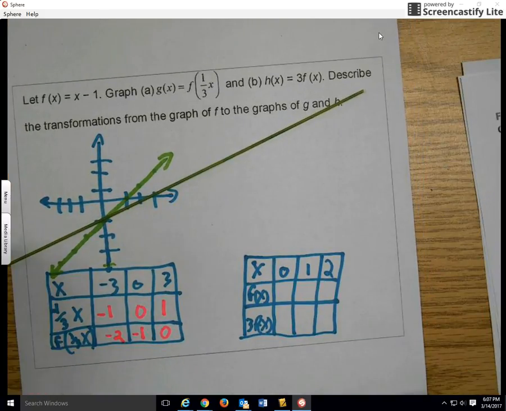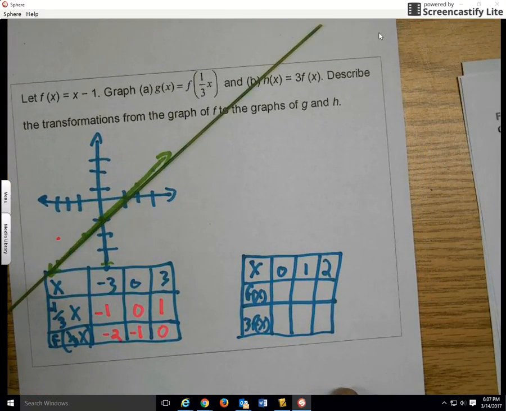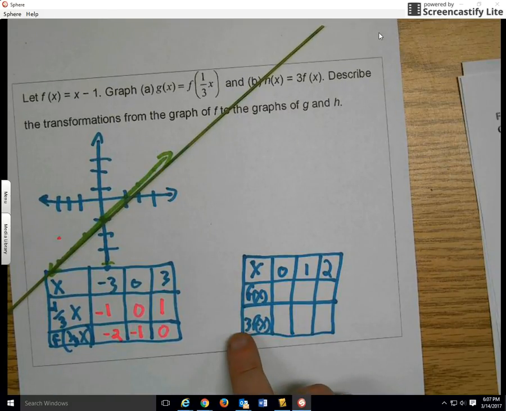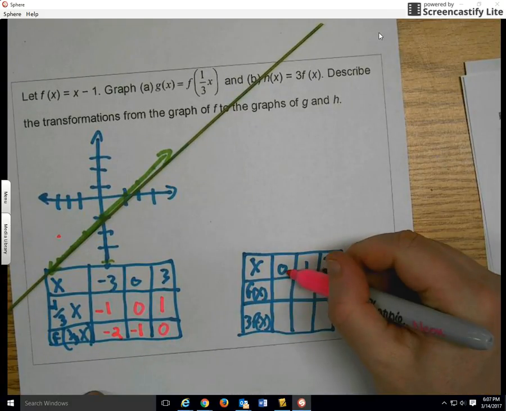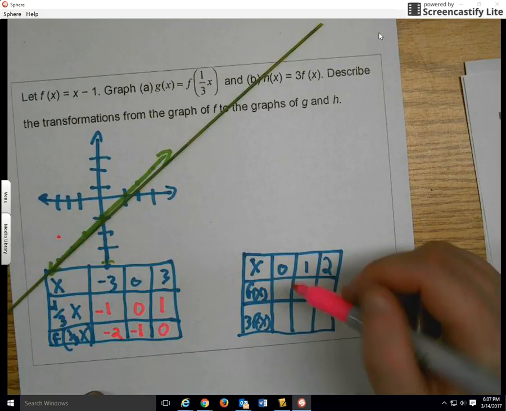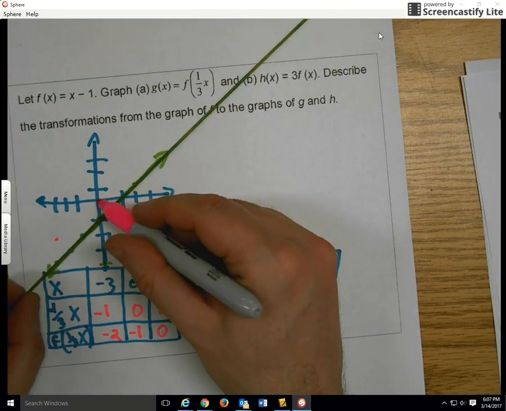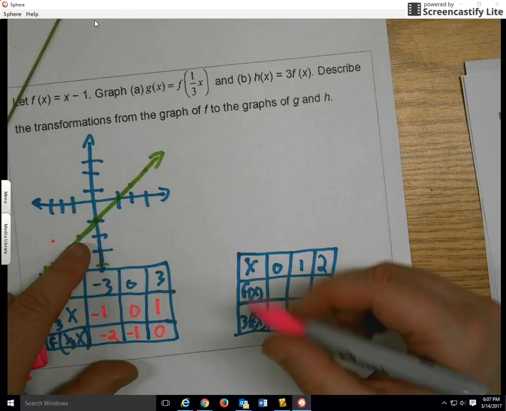Okay, let's try another one. That was a horizontal stretch, but what if instead of the input being influenced, we try to influence the output, the y, if you will, the 3 times f of x. Well, this is kind of the easiest of all, because if x is 0, what's y in this case? Just looking at the line. If x is 0, y is a -1.